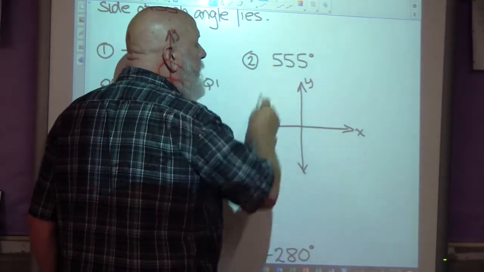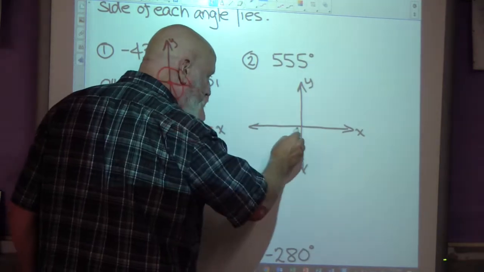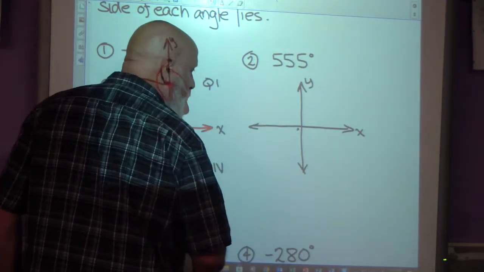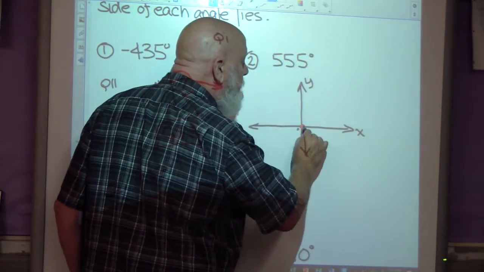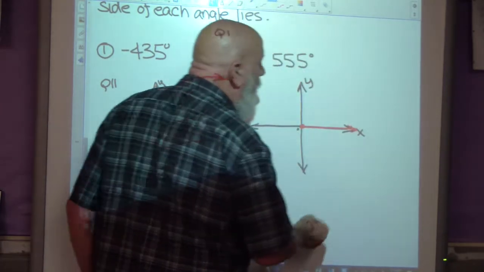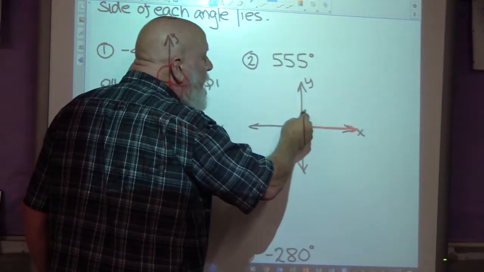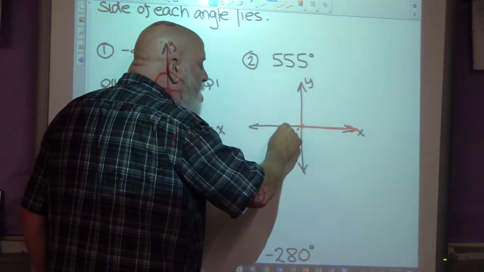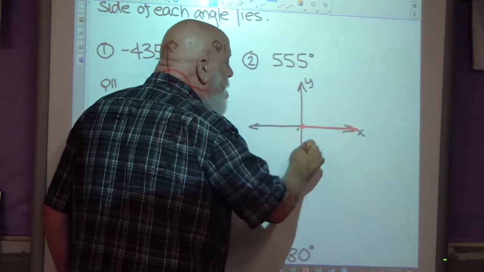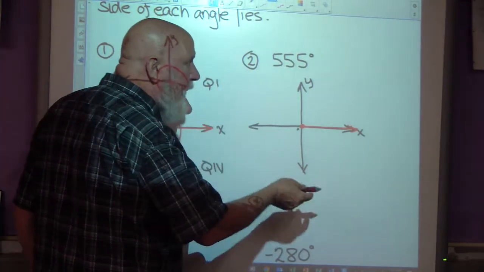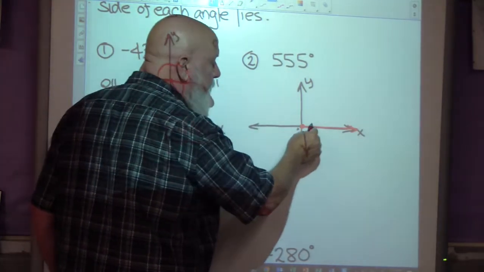555 degrees is positive, so I'm going to rotate in a positive direction. There's my origin right there. So here's my initial side. That's the initial side, and now I'm going to rotate in a positive direction, and I'm going to count by 90s again. Each time I go to an axis, I've rotated another 90 degrees, and I'm going to keep going until I get in the range of 550 degrees. Here we go.